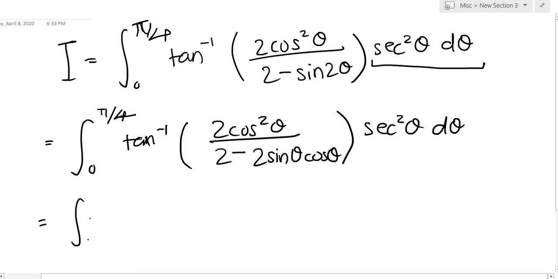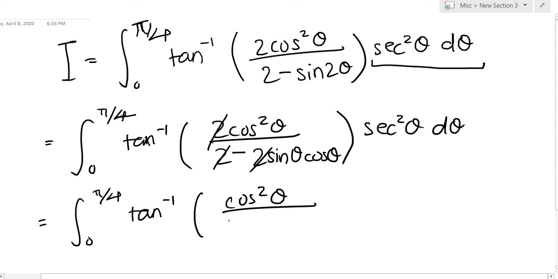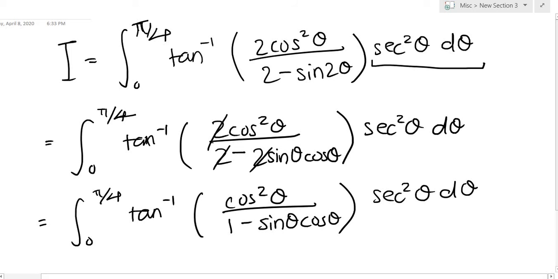So we have the integral from 0 to pi over 4 of the inverse tangent, and we can just cancel 2 from the numerator and the denominator. So we have cos squared theta over 1 minus sine theta cosine theta, and secant squared theta d theta as it is.